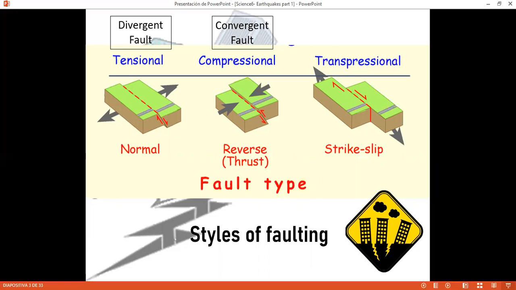And then you have the transpressional or strike slip fault, also called a transform fault. This is the most common one, where the plates go side to side against each other, and then all of a sudden they break through.